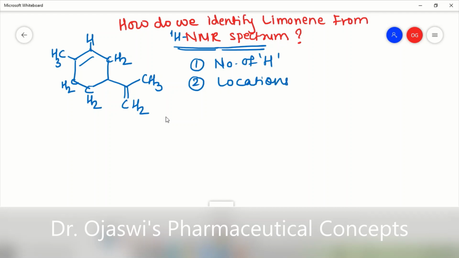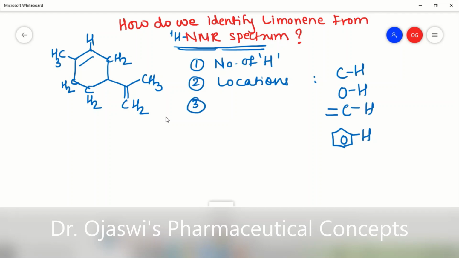That means whether this hydrogen is attached to a carbon, or attached to an electronegative element, or attached to a carbon that has a double bond closer to it, or this carbon is part of an aromatic compound. So whether it is allylic or benzylic hydrogen, all this information we get from the NMR spectrum.